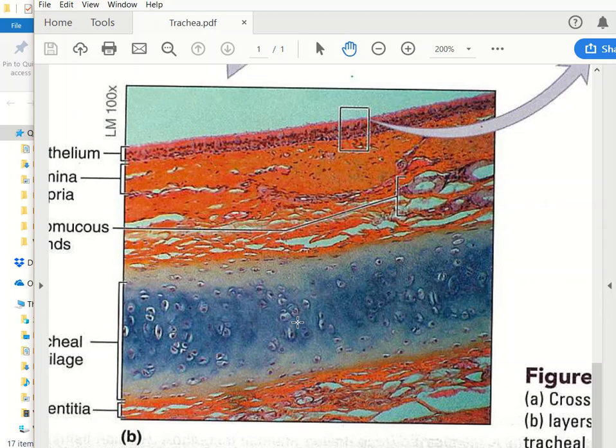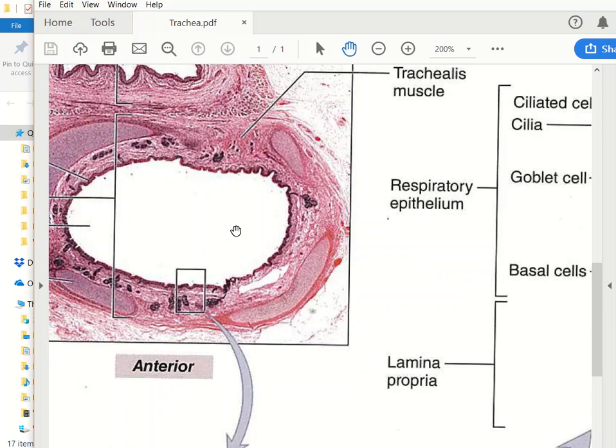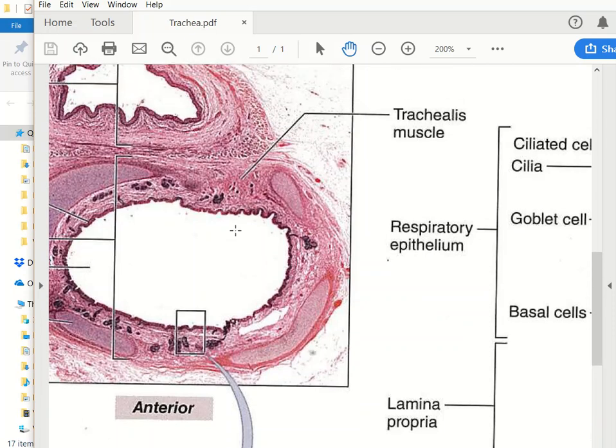The back of it, the posterior surface of the trachea, is going to be made of elastic connective tissue and a band of smooth muscle. And really, you want smooth muscle in the posterior end so that it can expand when necessary, like when you're swallowing, you want it to be able to expand.